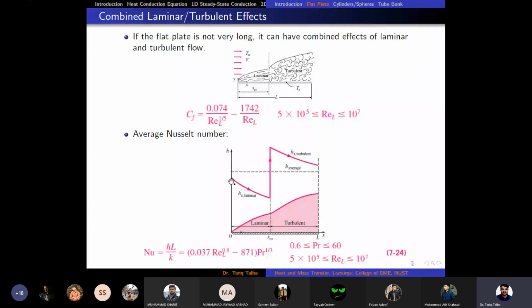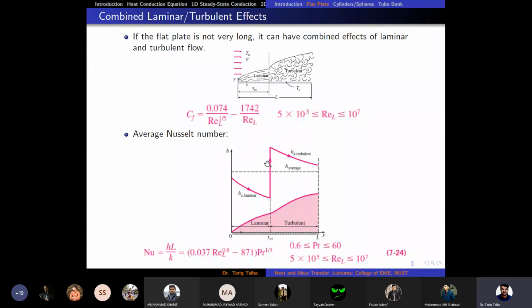And as the boundary layer grows, the h value and Nusselt number decrease, because partial T by partial Y at Y equal to 0 decreases. So consequently the h value decreases as the boundary layer grows in the laminar region. But when the laminar to turbulent transition happens, you can see that sudden jump, this vertical line, showing that the h value has increased suddenly from laminar to turbulent.